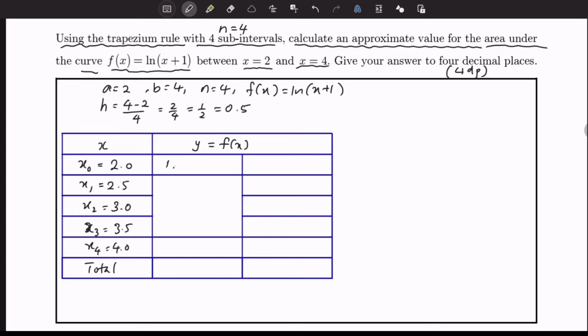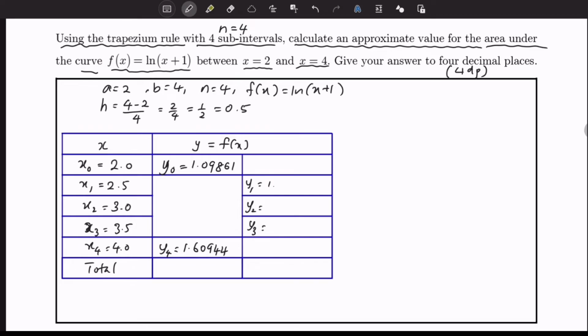So this is y0, which is 1. Then 1.09861, so this is y1, this is y2, this is y3, y4. So y4 is 1.60944, with 5 decimal places.